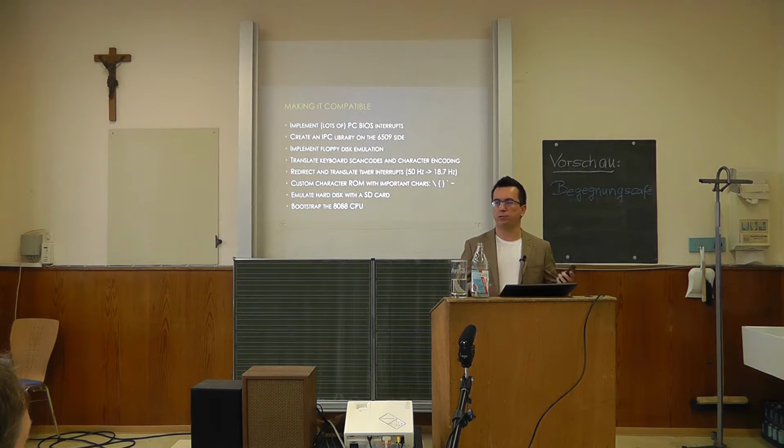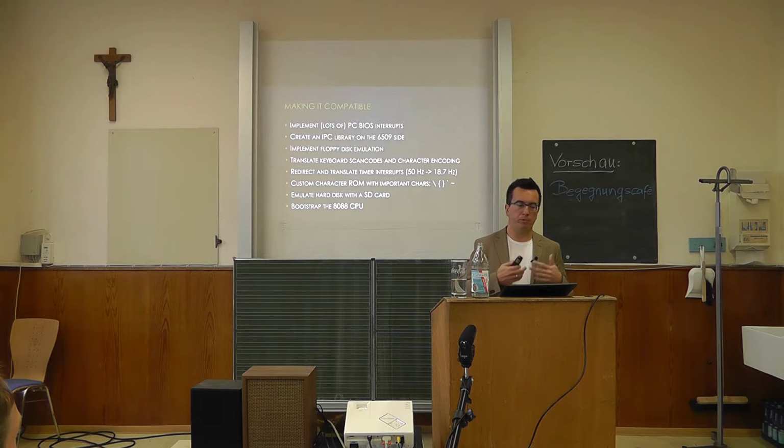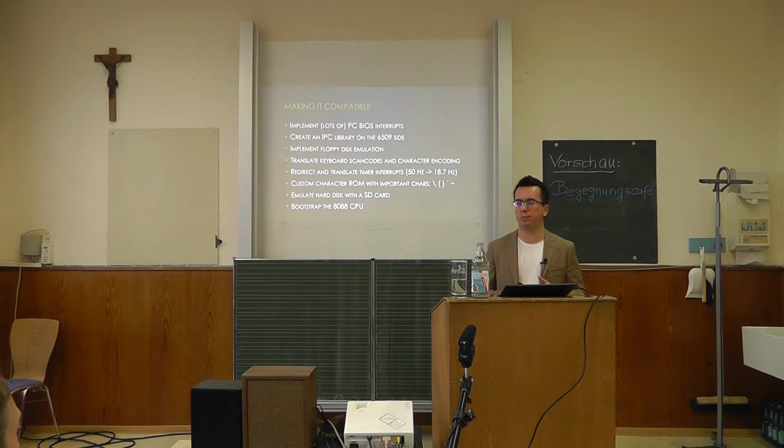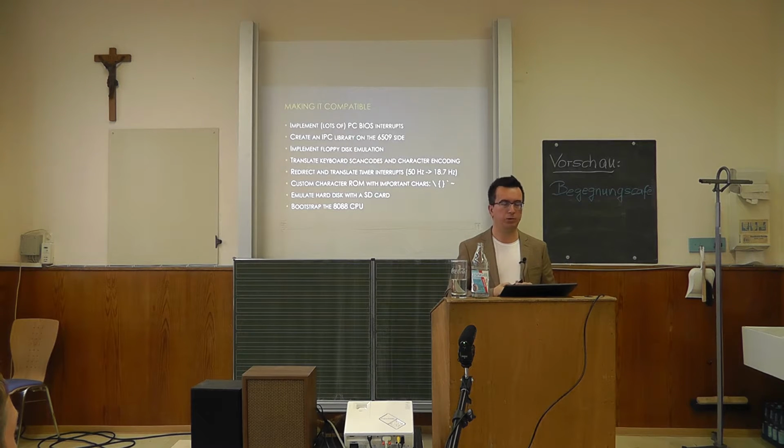So you have to write two different pieces of software which communicate with each other and provide a translation of IBM PC BIOS interrupts and interface to the 6509 I/O library. You also need somehow to be able to read PC disks, so you need to emulate the PC disk drive somehow. I will show you later on how it's done.